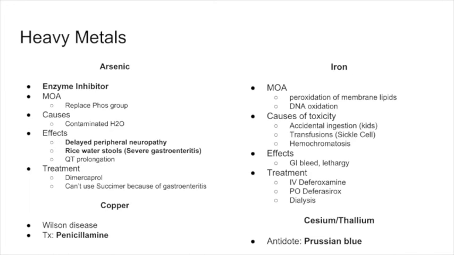Causes of iron toxicity are accidental ingestion by kids, transfusion in sickle cell patients, or hemochromatosis. Effects of iron toxicity are GI bleed and lethargy. And treatment is iron binding agents like IV deferoxamine, or the oral form, deferasirox, and dialysis. So the three Ds: deferoxamine, deferasirox, and dialysis.